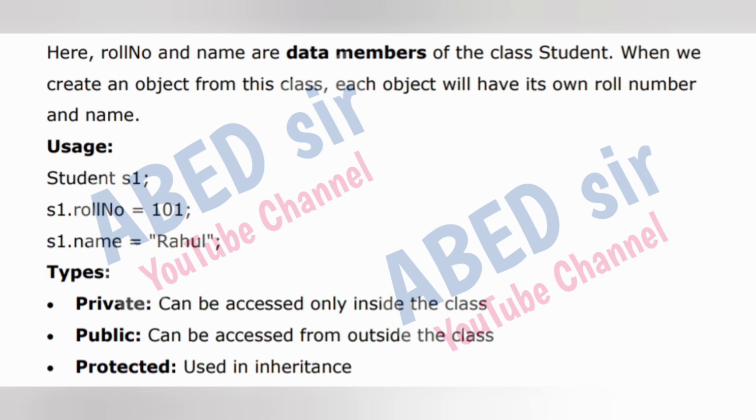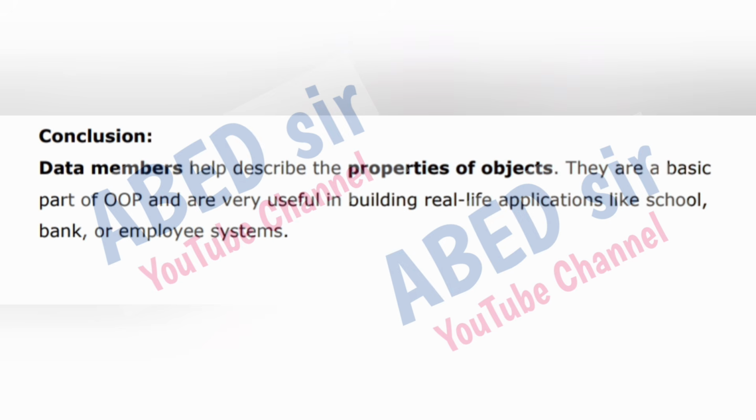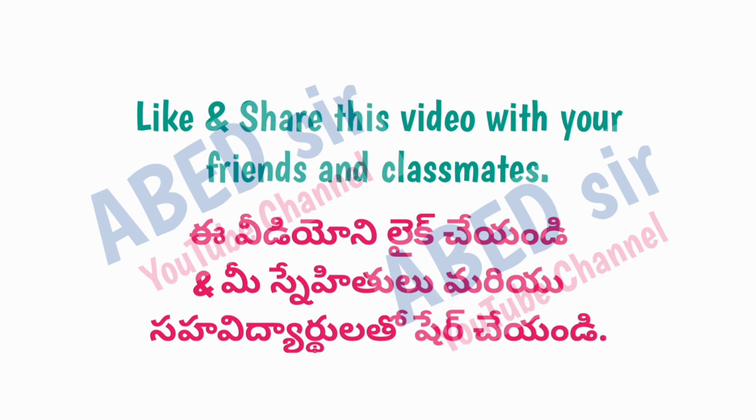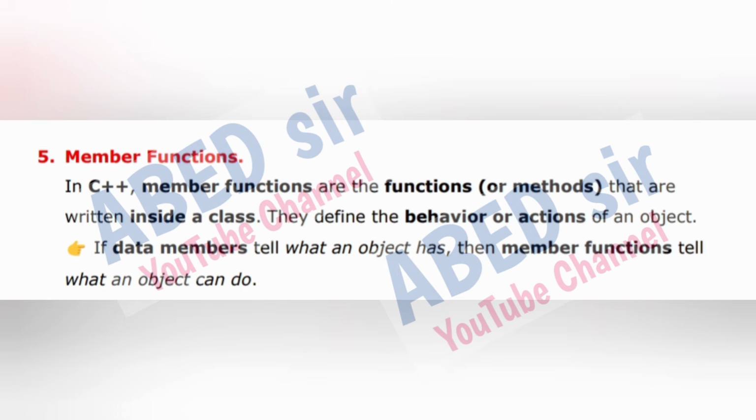Protected, used in inheritance. Conclusion: data members help describe the properties of objects. They are a basic part of OOP and are very useful in building real-life applications like school, bank, or employee systems.